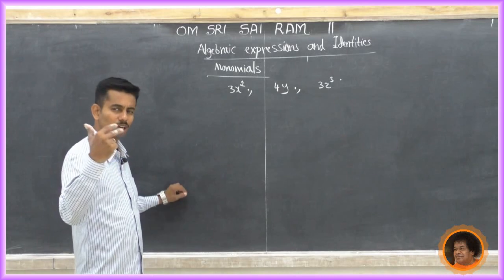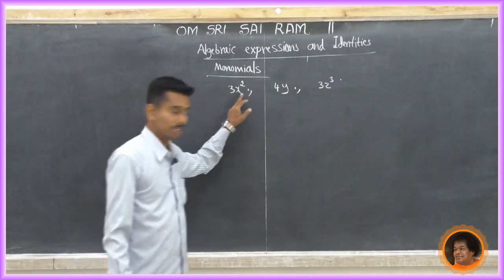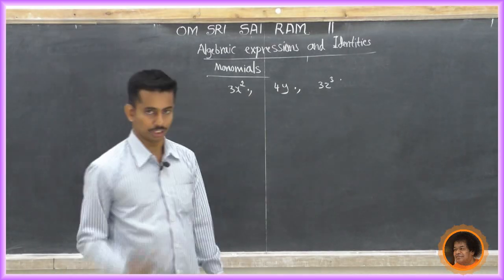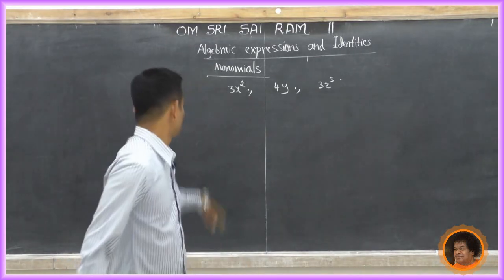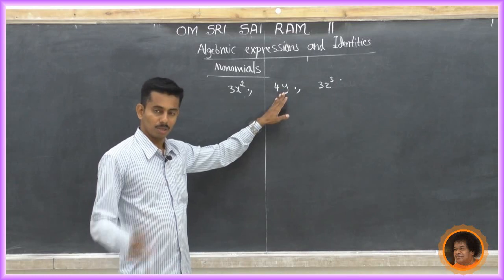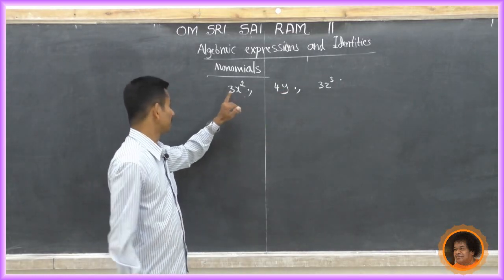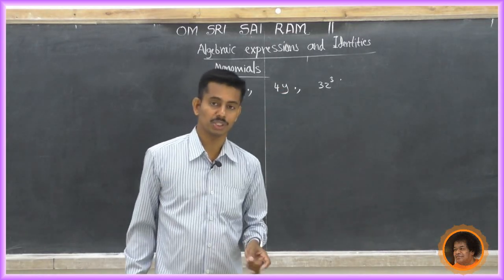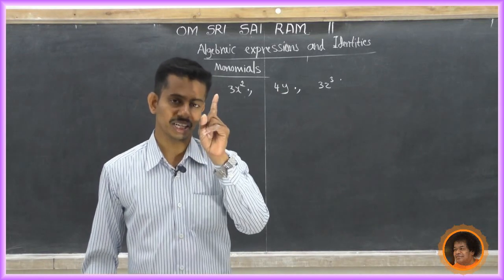Why are they called monomial? What is the reason? It is an expression, it is a term. Then it is also called monomial. Monomial because the expression contains only one term, a single term.